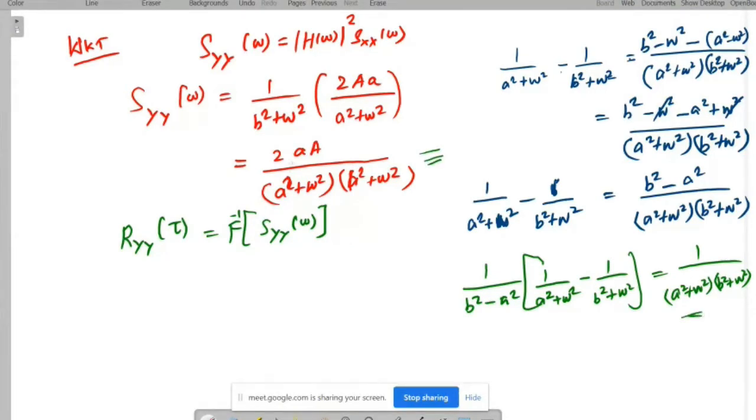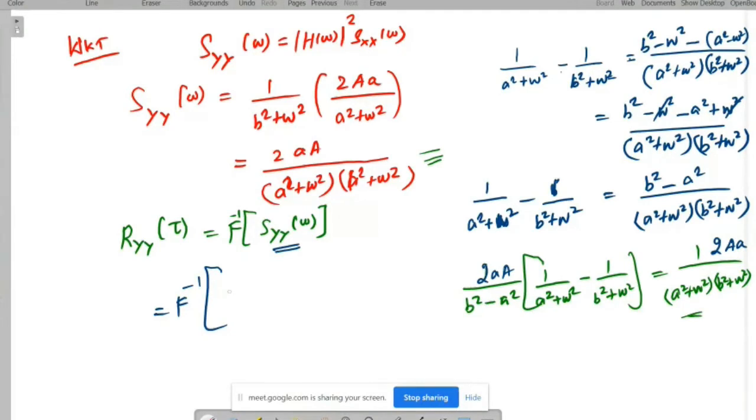Suppose if you multiply 2a capital A on both sides, you may get the left-hand side, right? For that, now I'm going to multiply here 2a small a. That's all. So in this expression, instead of this term, you can write the entire term. You can rewrite F inverse of, instead of this term, I'm going to apply this term.